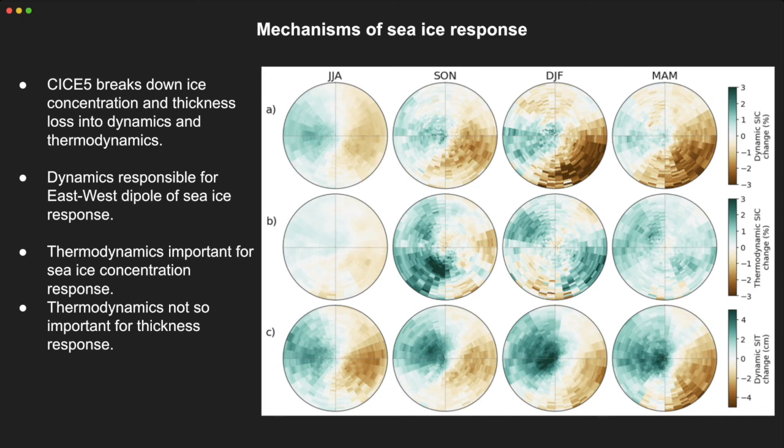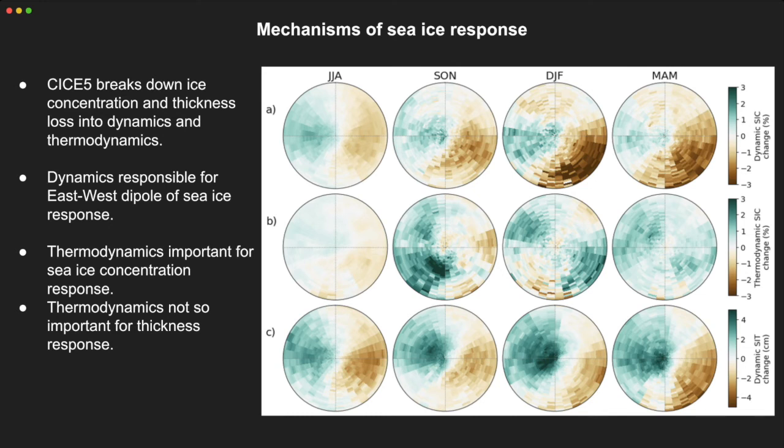So moving on to the thermodynamic change, the first thing I want to point out is that the absolute magnitude of the thermodynamic sea ice concentration change is about equal to the dynamic change. Both are definitely important in determining how the sea ice responds to cyclones. The one thing I would say though is there's less of this east-west pattern.